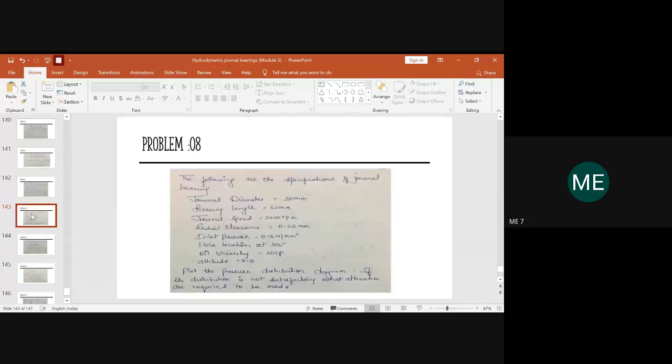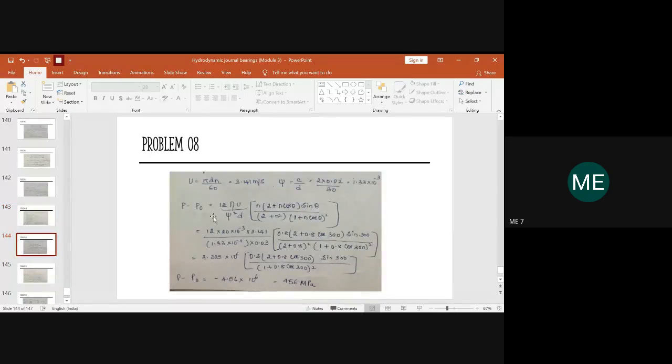For this, as usual, we use the same equation. To determine the pressure of the oil film, you should know two data. One is the velocity U with which the journal is revolving, and the other is the diametrical clearance ratio chi. You know the formula for both, and the diameter and speed are known to you here, and the radial clearance is given.